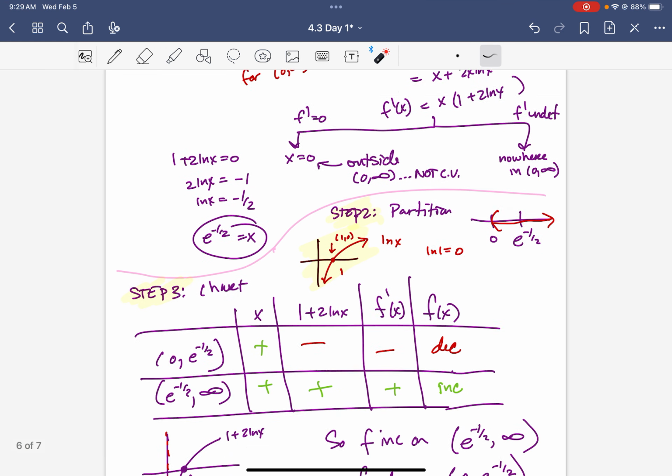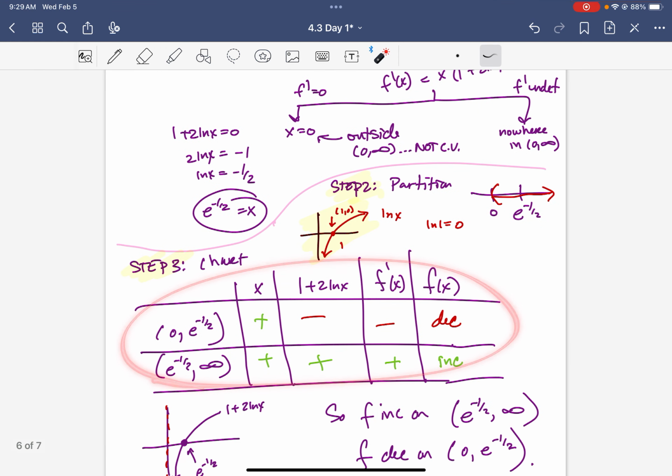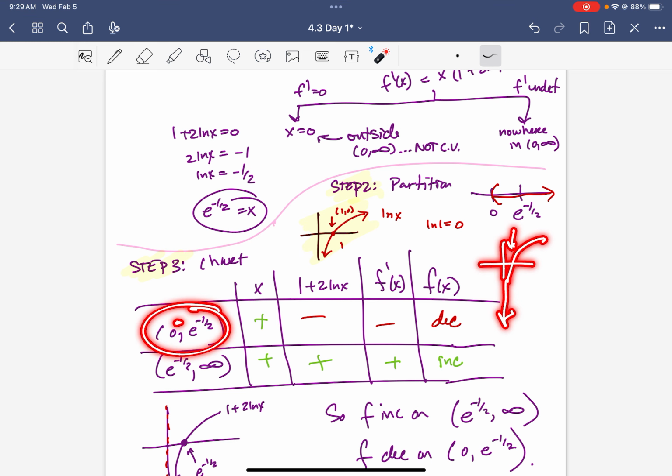So I'm going to have my two intervals here, and then I'm just plugging in to see if it's positive or negative. If you plug in a positive number, this is going to be positive, and for this, notice it's a really small positive number. But I know that natural log of x, if I get really close to 0, is a really big negative number. So imagine taking a point really close to 0 in here, then it's going to be 1 plus 2 times negative really big.